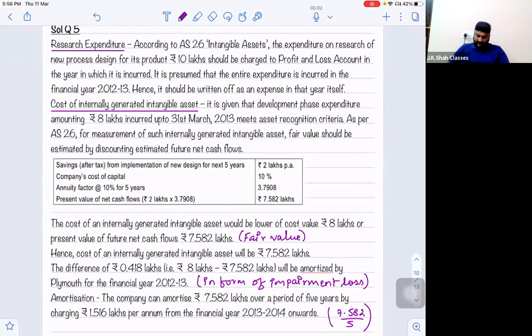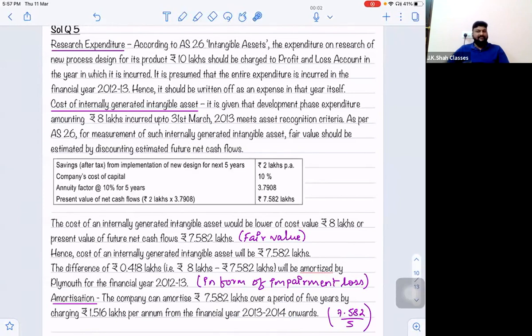And lastly, the third part, that is amortization on the asset. It's very simple. The company can amortize 7,58,200 over a period of 5 years by charging rupees 1,51,600 per annum from the financial year 13-14.